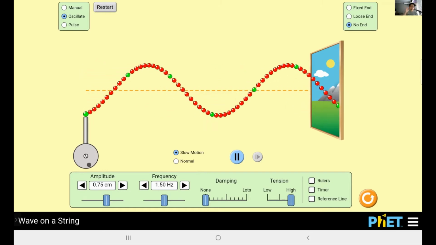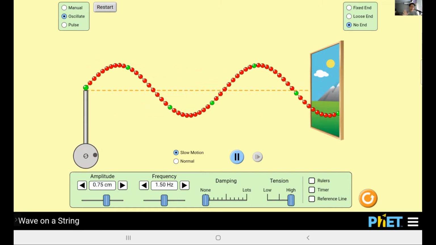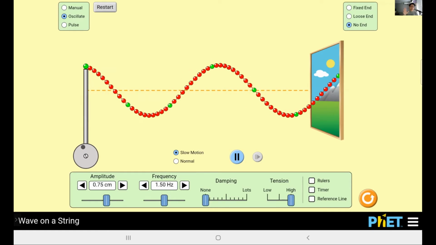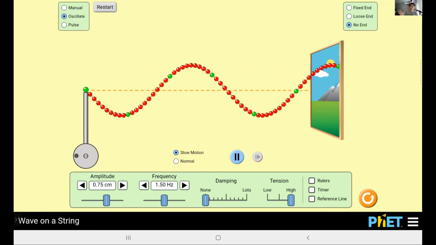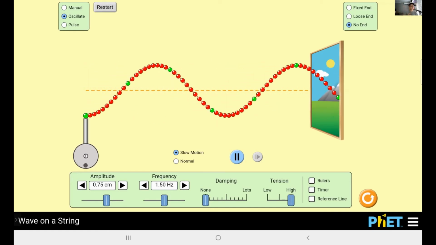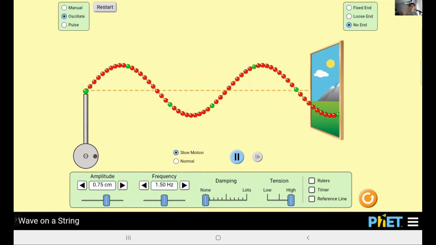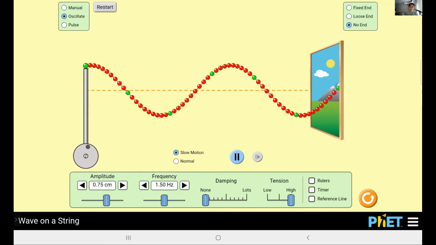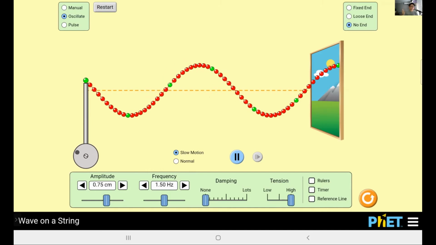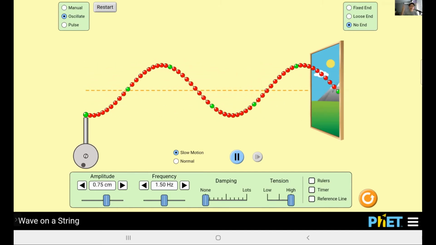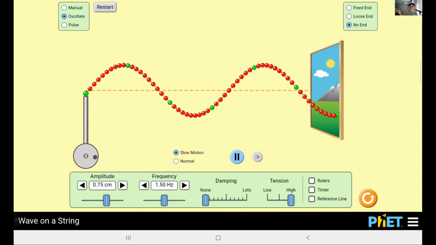So what we are going to focus on today is the sinusoidal wave, because we already learned from the last lecture that we use sine and cosine to describe oscillating things.